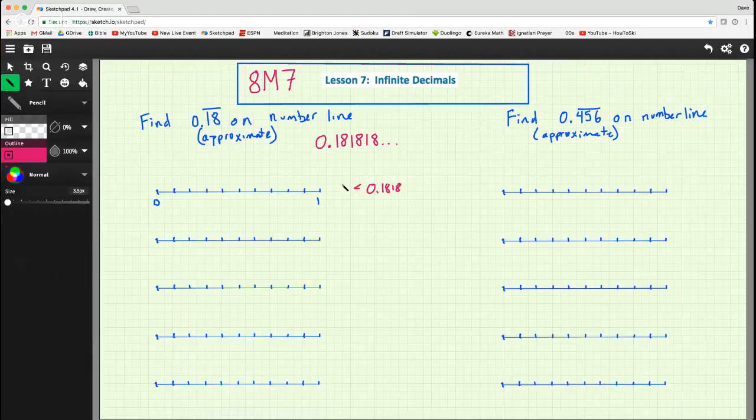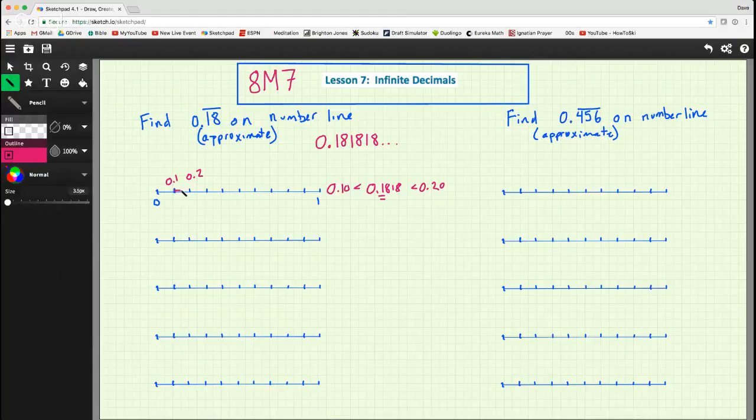So now the first thing is to figure out, where does it fit on this line? Let me just write it out here, 0.1818. Well, we know it's between 0.1 and 0.2, because this number is bigger than 0.10 and less than 0.20. So let's put that down. This is our 0.1, and this is our 0.2.